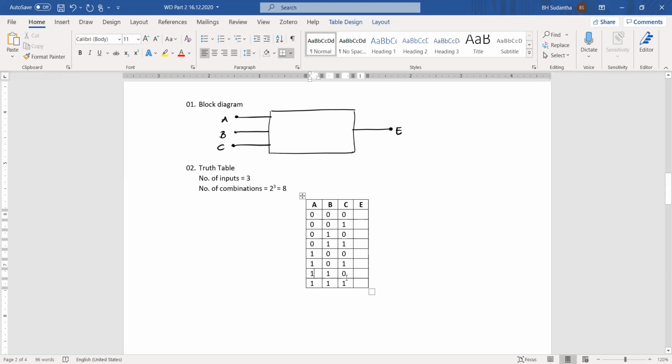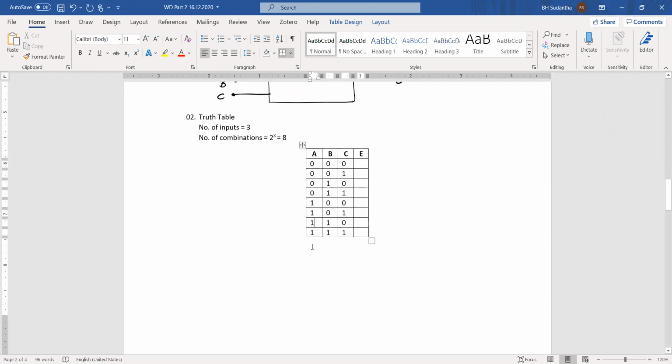If you are okay with binary numbers, you can fill it in using binary ascending order. But if you find difficulty finding all 8 combinations properly, you can follow this pattern. If you remember this pattern, you can easily fill this one. Okay, now the truth table input column part is okay.